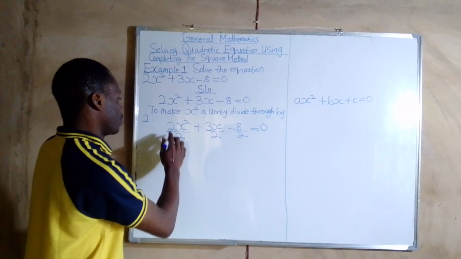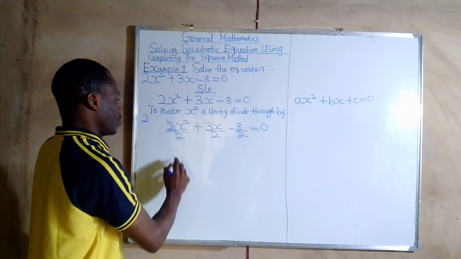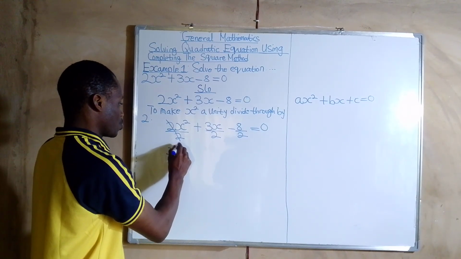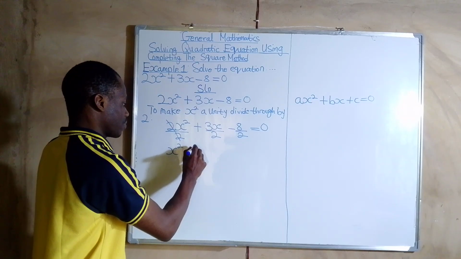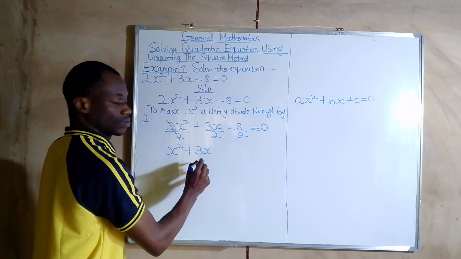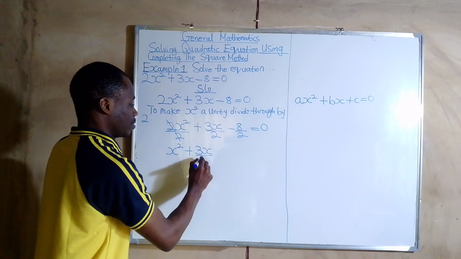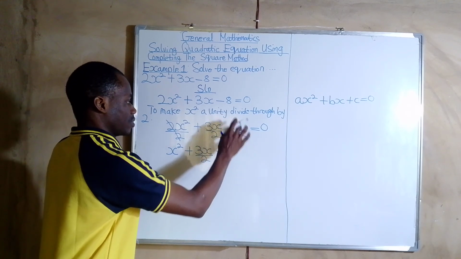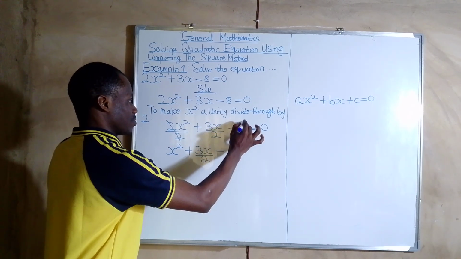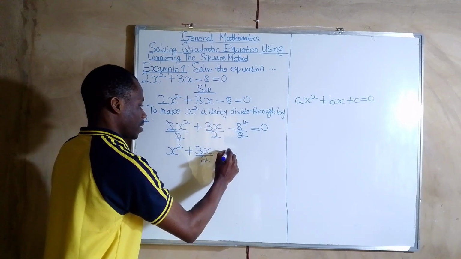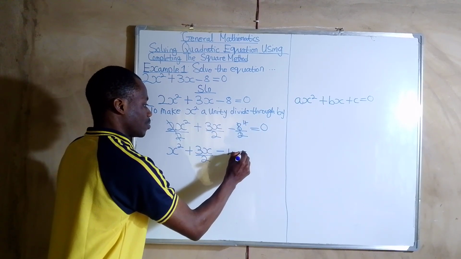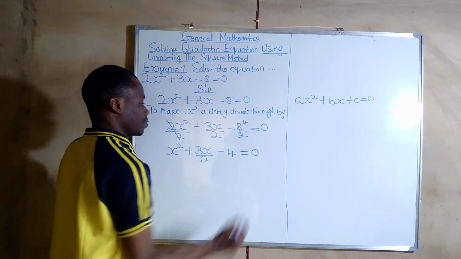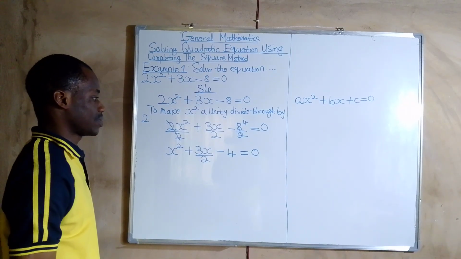So when we cancel this, we'll have x squared plus 3x over 2 minus 4, since 8 divided by 2 will give us 4, equal to 0. Can you see this now?